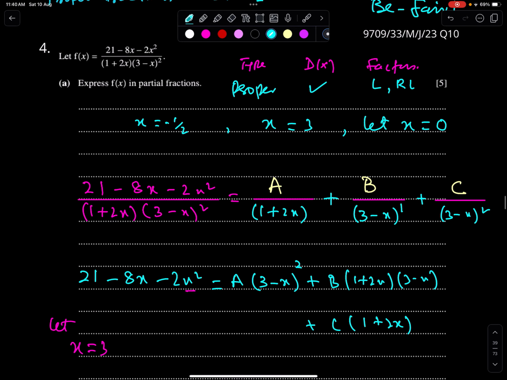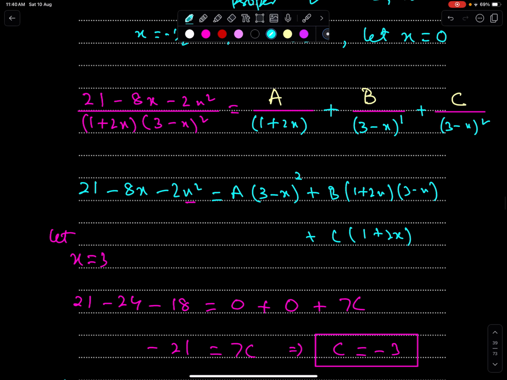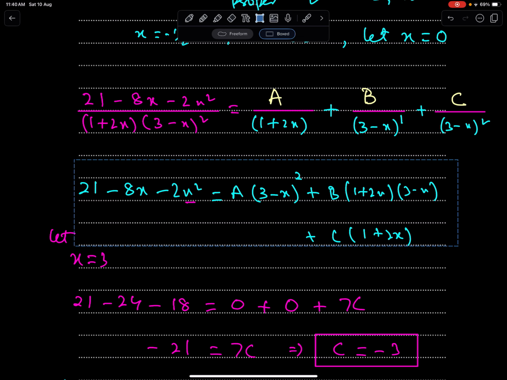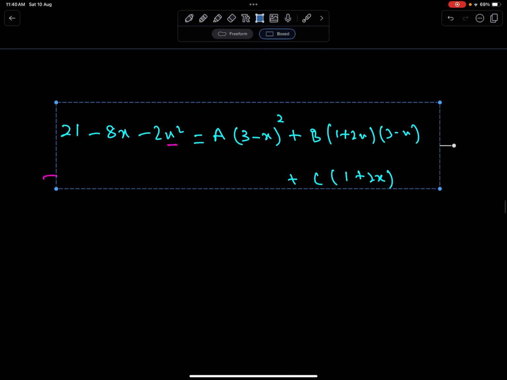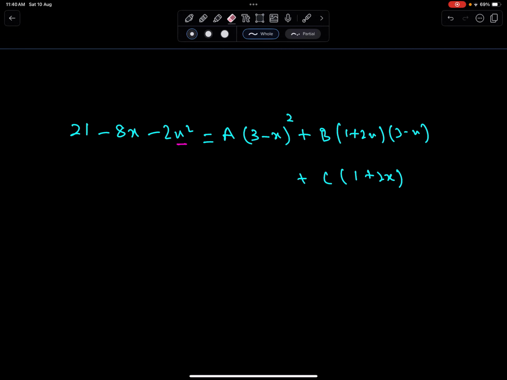Now substitute x equals 0 into this equation. Let me copy this so that you will understand this carefully and easily. Let x be 0.